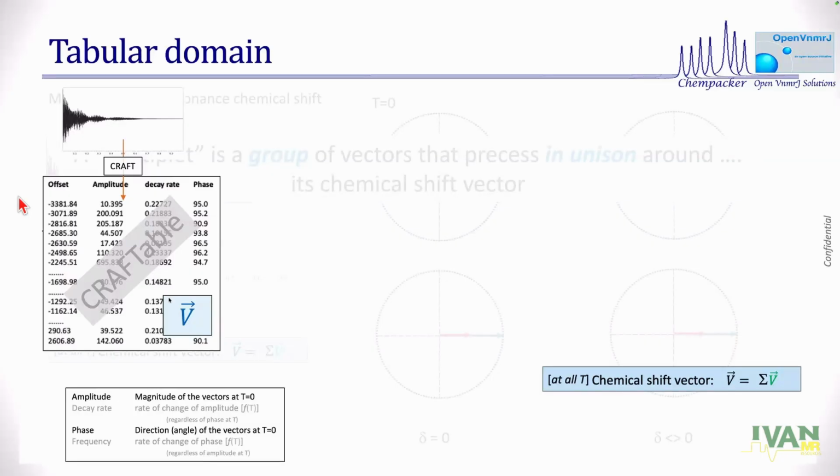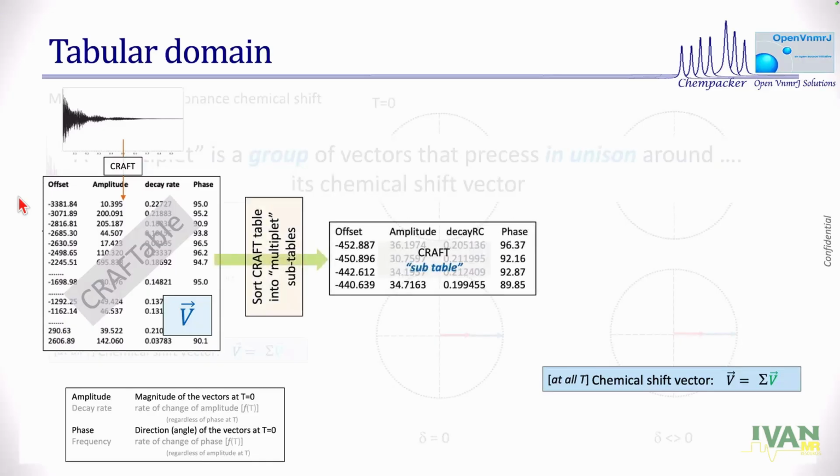So if I have that table, now let's think, as a hypothetical question, if I can somehow sort the table into subtables, and each of those subtables now represents a multiplet. How is the question that we are going to answer. But if I can do that, then it is downhill.